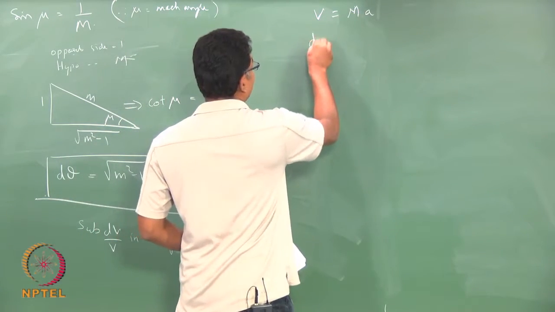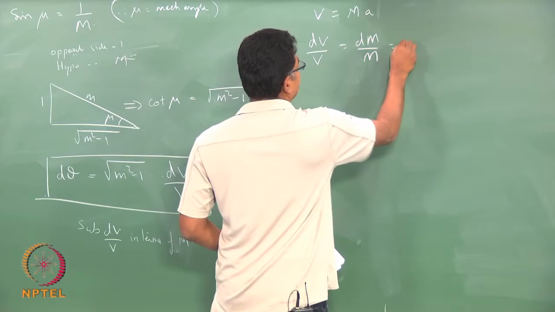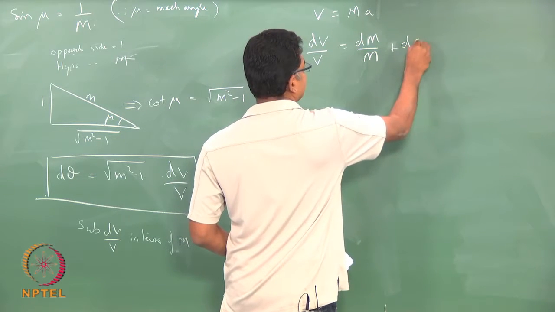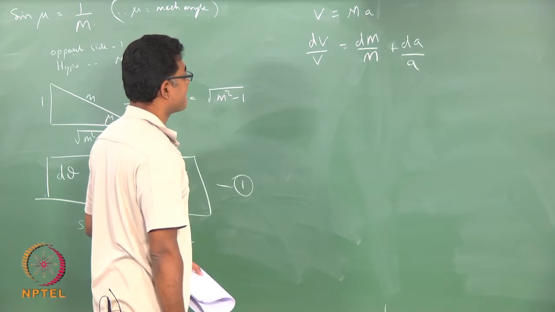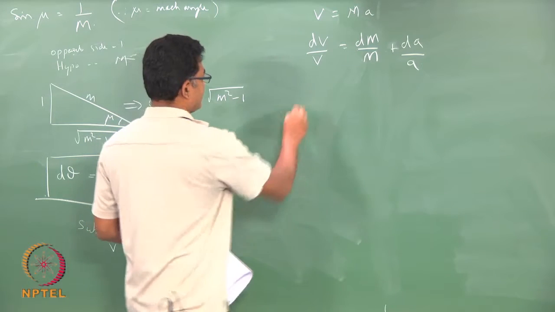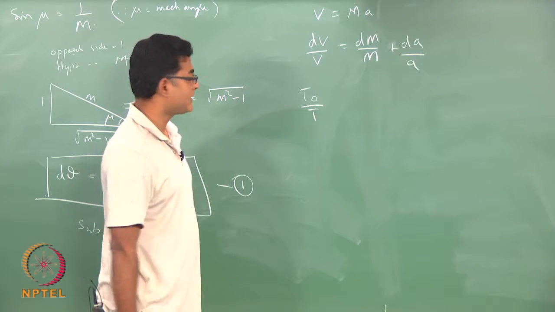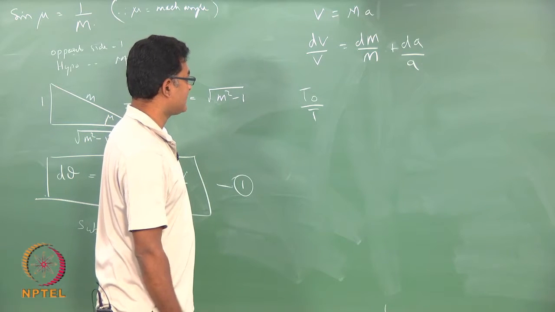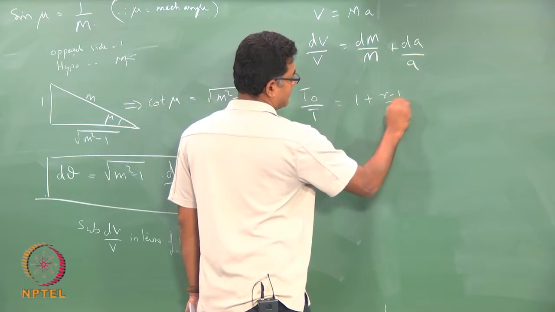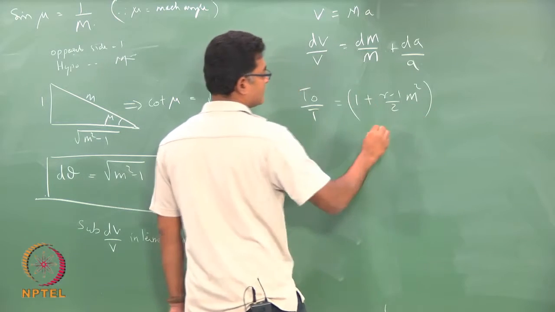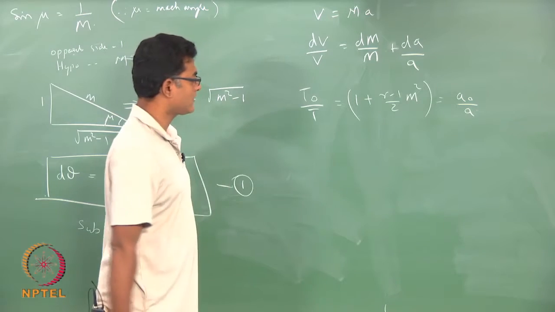I take log and differentiate, so I would get dv by v equals dM by M plus dA by A. From the isentropic relation between the stagnation quantity at a state and the static quantity at a state, T0 by T, I know it as 1 plus gamma minus 1 by 2 M square, which is also my a0 squared by a squared.